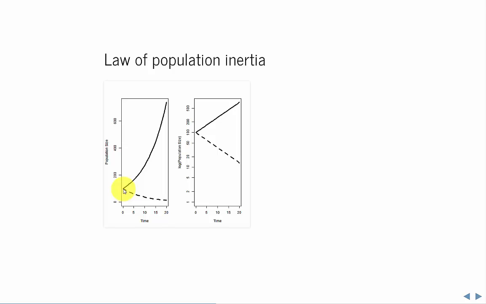If we imagine that n naught is equal to 100 and little r is equal to 0.1, we would get the following curve where after 20 years the population would have increased exponentially to well over 600 individuals. In contrast, if little r is negative 0.1, then the population decays towards 0.